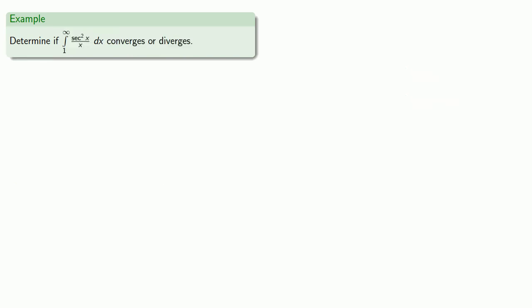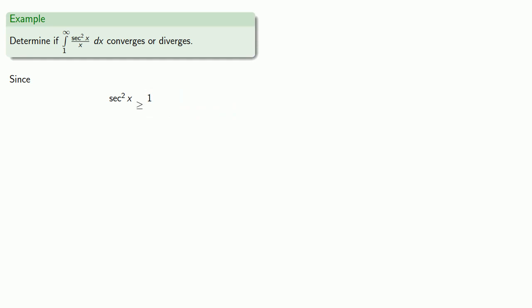As another example, let's consider the integral from 1 to infinity of secant squared of x over x. So again, we need a suitable comparison function, and here the problem is the secant function. Since secant is 1 over cosine, we know that secant squared is 1 over cosine squared, and so secant squared is always going to be greater than or equal to 1.